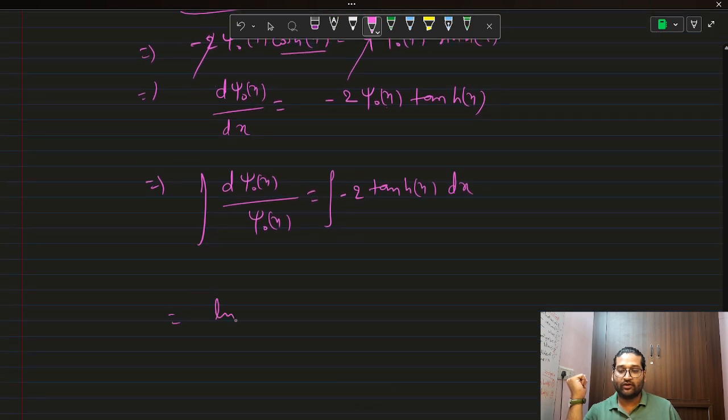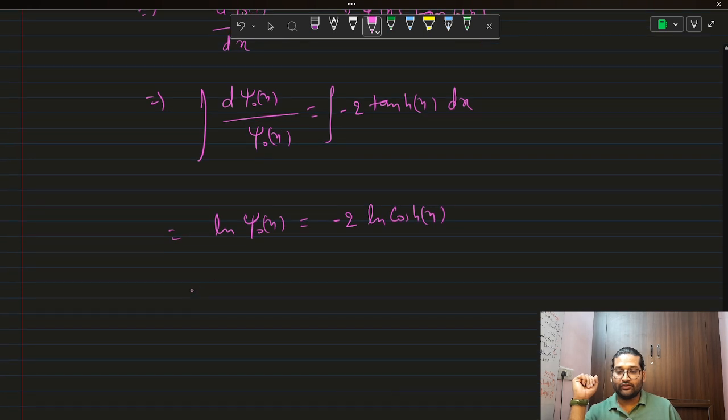So left side will give log psi naught x is equal to, and this side will give minus 2 log cos hyperbolic x. Okay, so here log psi naught x is equal to, take minus 2 inside the log, it will be cos hyperbolic to the power minus 2 x.